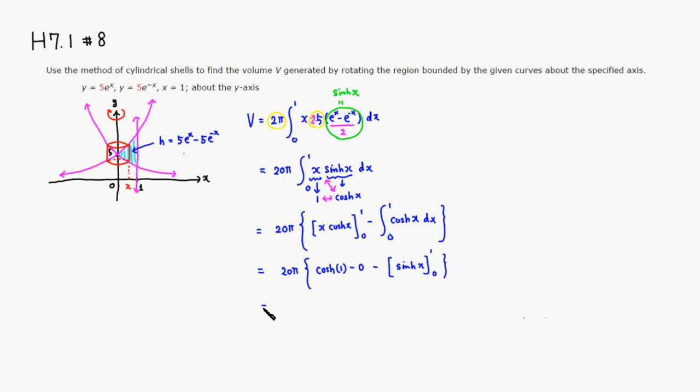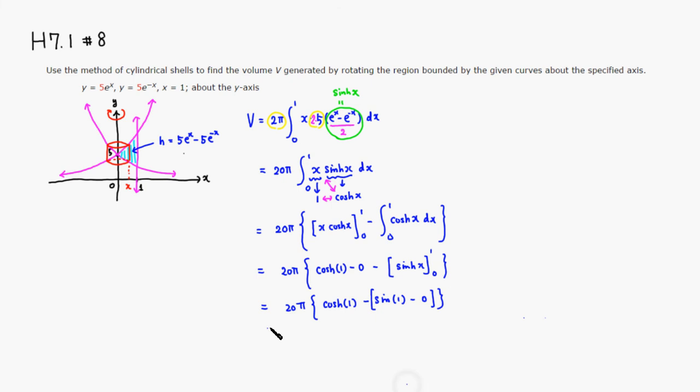Then you get 20 pi times the hyperbolic cosine of 1 minus hyperbolic sine of 1, and maybe I'll put it in a bracket, minus the hyperbolic sine at 0, which is 0.